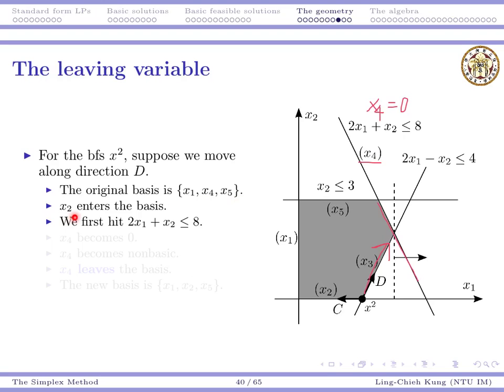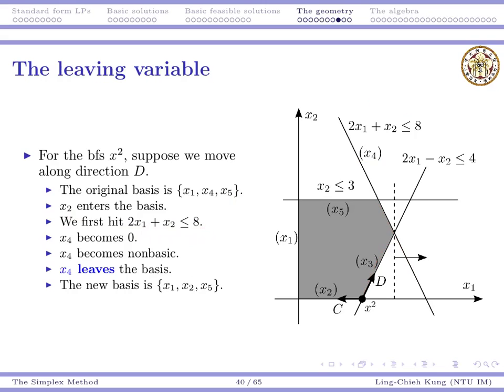I know x2 is going to enter the basis, according to the previous slides. I will hit 2x1 plus x2 less than or equal to 8 first. When that happens, x4 becomes 0, becomes non-basic, and leaves the basis. So x2 replaces x4, and the basis becomes x1, x2, and x5.